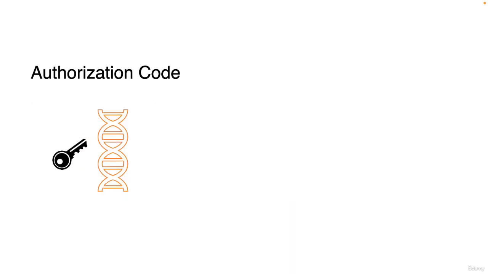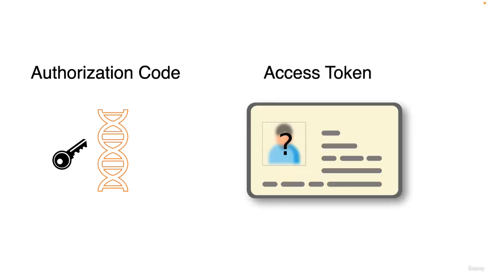We also have an authorization code. This is a short-lived temporary code that the authorization server, Identity Server, sends back to the client. The client then sends the auth code back to the auth server along with the client secret in exchange for an access token. And the access token is the key the client will use from that point forward to communicate with the resource server.